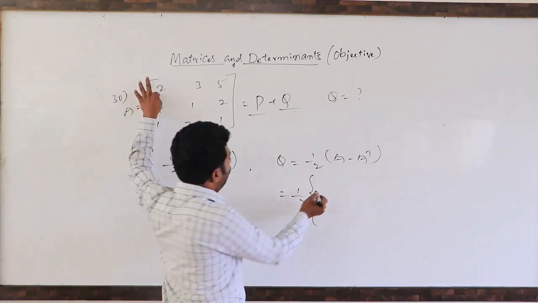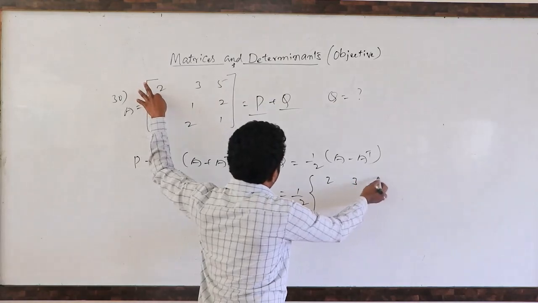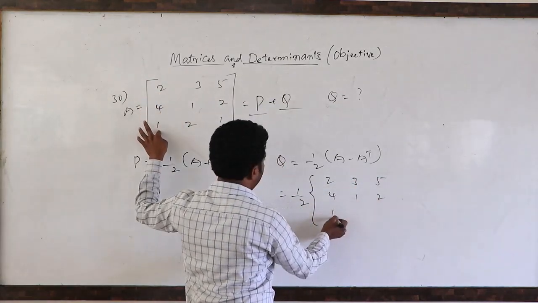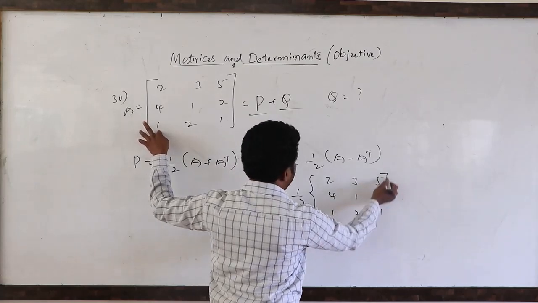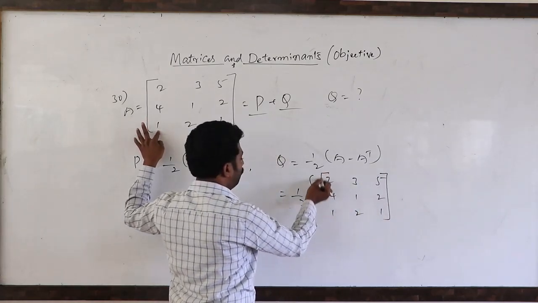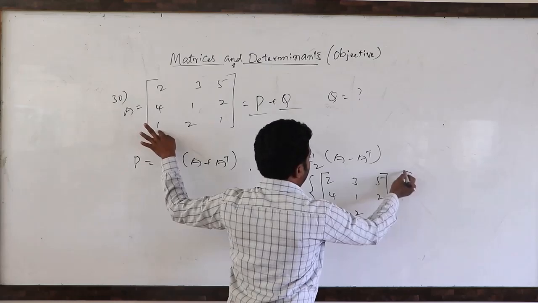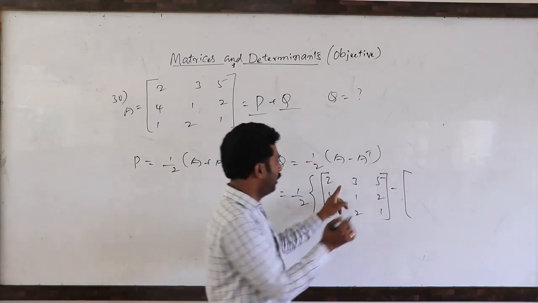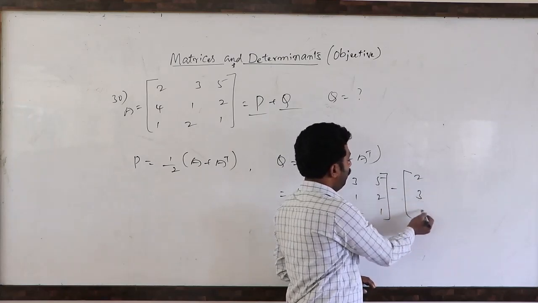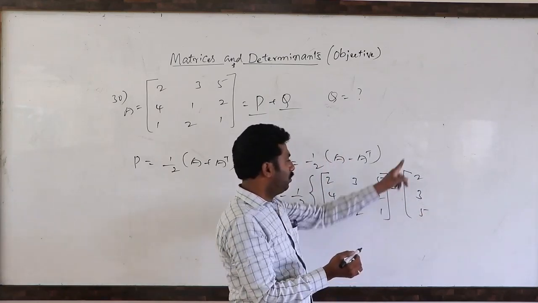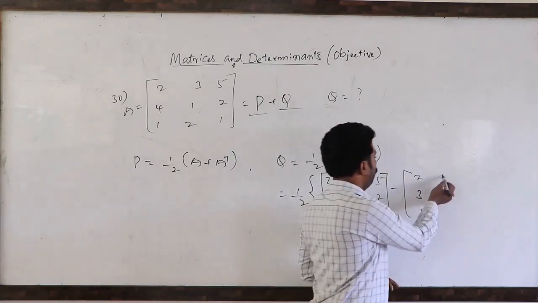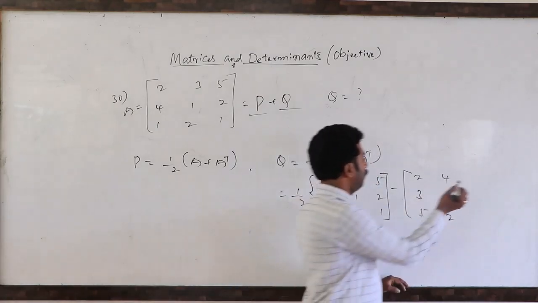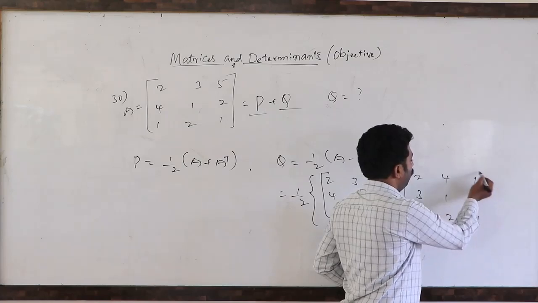What is the A matrix? 2, 3, 5, 4, 1, 2, 1, 2, 1, minus its transpose. See here, the first row becomes the first column: 2, 3, 5. The second row becomes the second column: 4, 1, 2. The third row becomes the third column: 1, 2, 1.